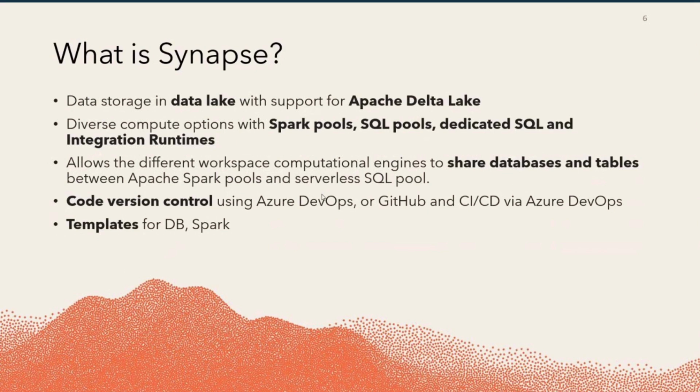We can create our own Spark pools and SQL pools. SQL has two different flavors. There's a dedicated SQL pool when you want to create a dedicated data warehouse, which is always available to you, which is the traditional approach of creating facts and dimensions. Or if you just want to run ad hoc queries, or you have a small time in which you want to run SQL queries for data preparation, then you should use serverless SQL pools.